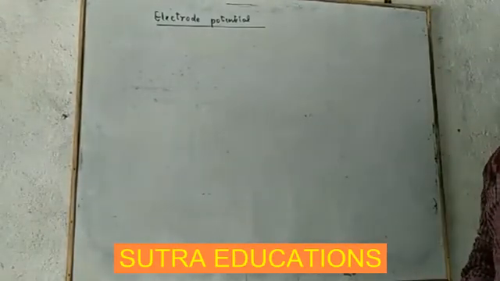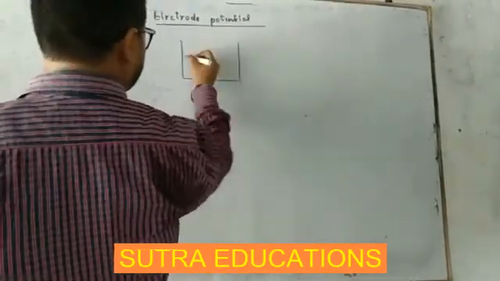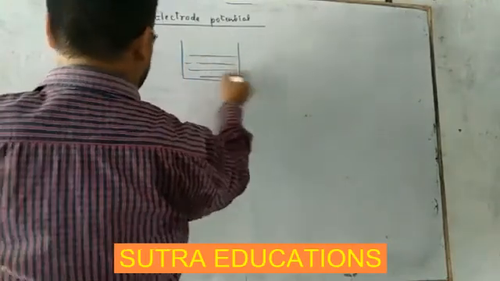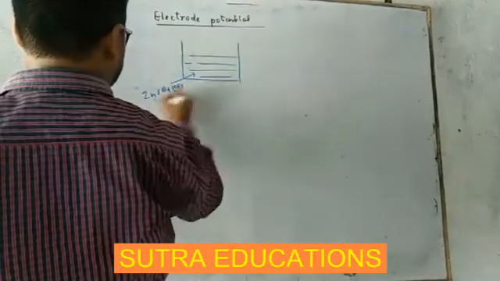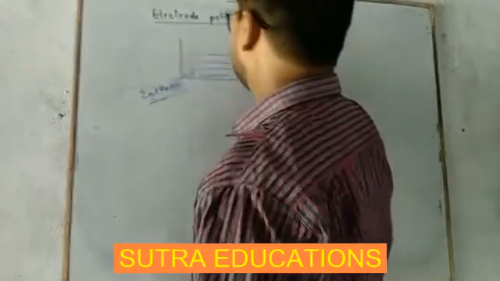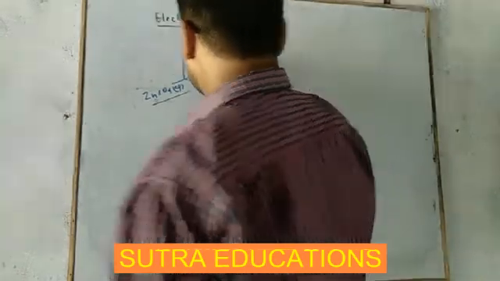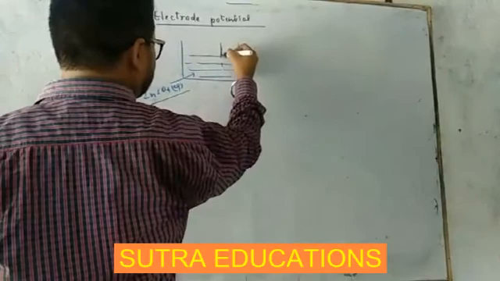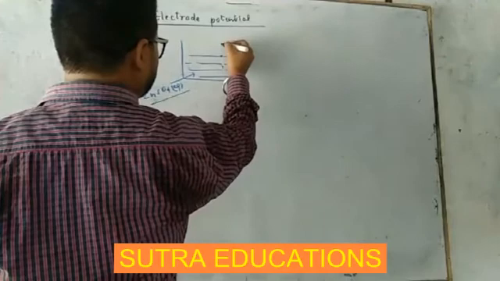What is electrode potential? I am going to explain it to you with two different figures. Here is zinc sulfate aqueous and a rod of metallic zinc. A rod of zinc, which is a metal, is inserted in this ZnSO4 electrolyte.